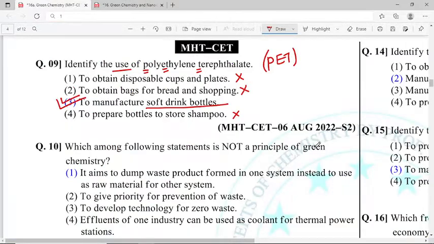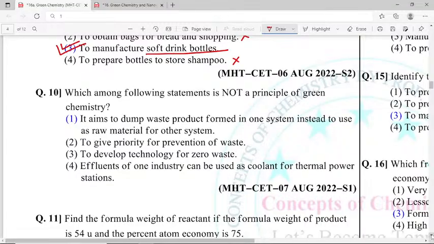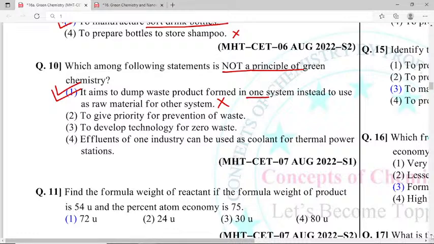Next question. Which among the following statements is not a principle of green chemistry? It aims to dump waste product formed in one system instead of using it as a raw material for another system. No, it is not true. The aim is to use the waste product of one system as a raw material for another system. So it is against zero waste technology.